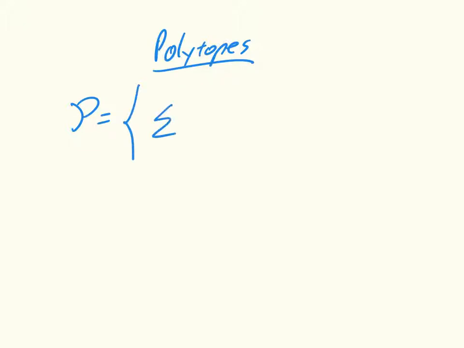So the definition of what a polytope is is simply the following. Sum over some set of points. If we have a set of points v_i, we take all linear combinations of those points.